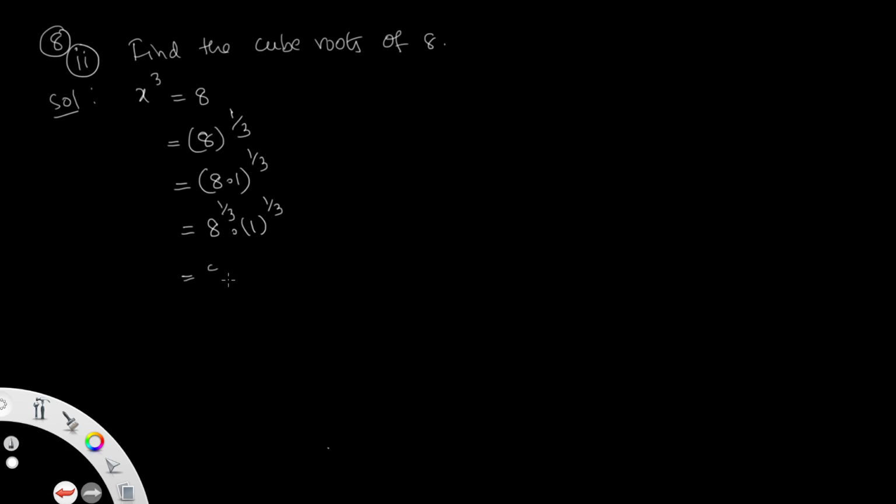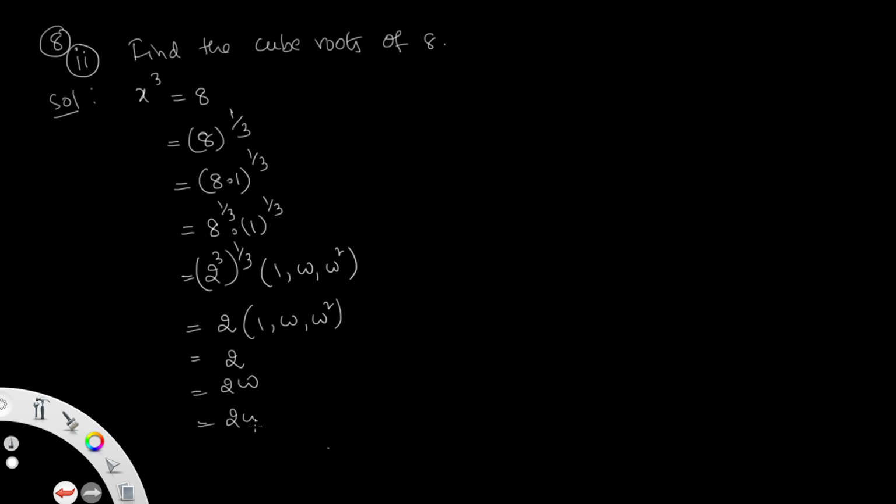This is (2^3)^(1/3), and as 1 means 1, omega, omega square, that is nothing but 2 into 1, that is 2 as one root, another is 2 omega and another is 2 omega square. This has to be x.